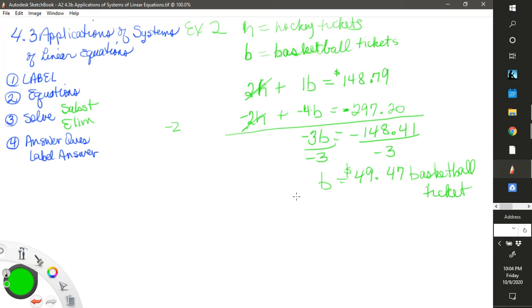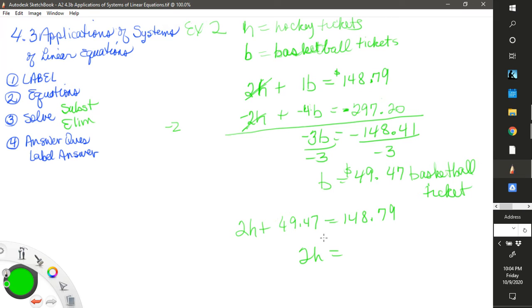All right. To solve for H, I go into an original equation. 2H plus 49.47, that would be 1B, equals 148.79. Will be 2H, subtract 49.47 from both sides.